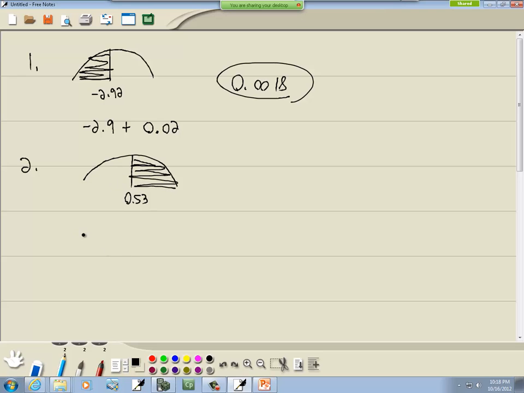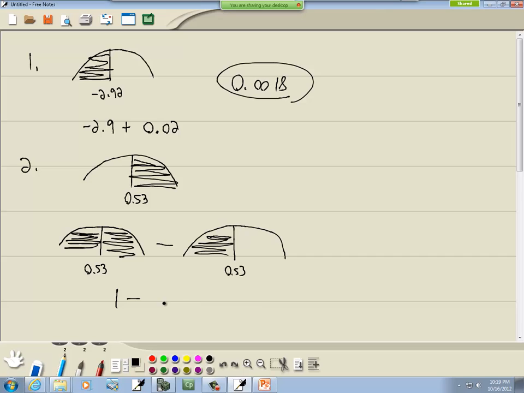Well, if I start out with everything, and I subtract off from this the area to the left, it's like I'm starting with this and erasing the area to the left. Then that's going to leave me what I want, the area to the right.